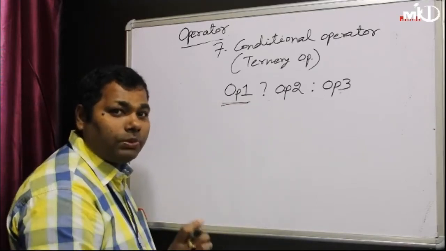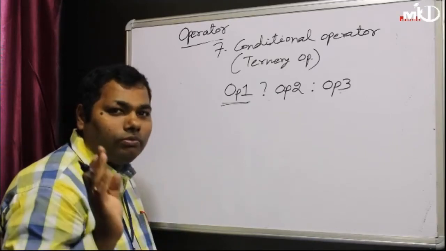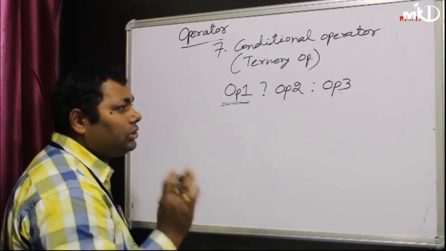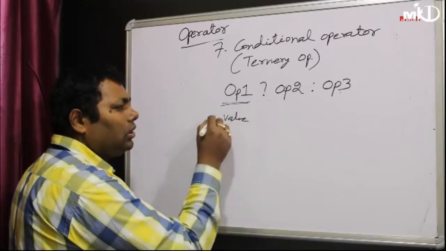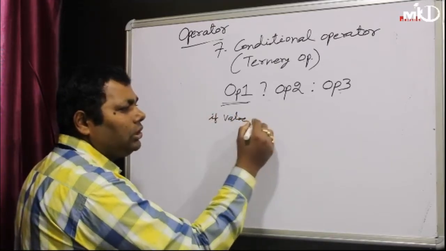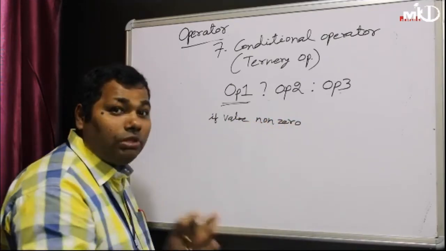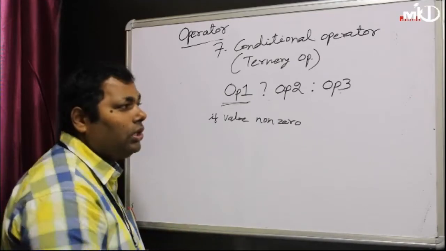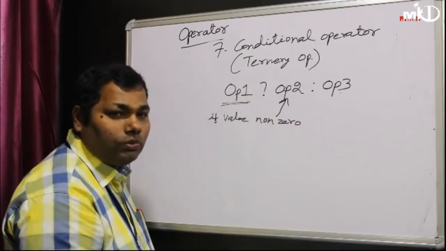Operand 1 can be an expression, a value or a variable; first it retrieves the value. Then check if the value is non-zero, that means any positive or negative value, then the control will go to operand 2.